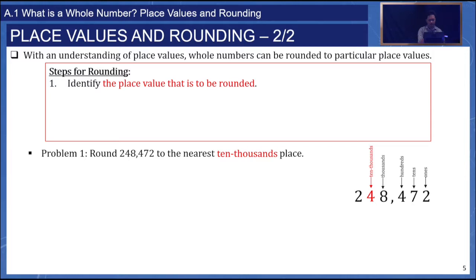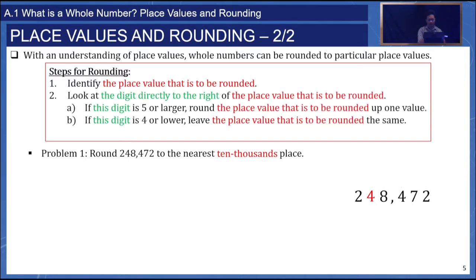So now that you know that, you go to step 2. First what you're going to do is look at the digit directly to the right of 4. So again, we found 4 to be the number in the 10,000ths place. So ask yourself what number is directly to the right of that. Once you find out what the number directly to the right is, you're going to have 2 choices.